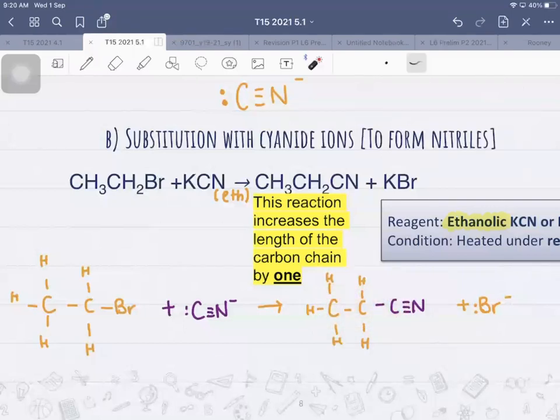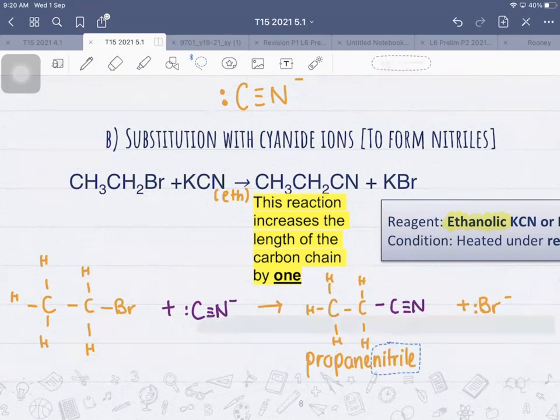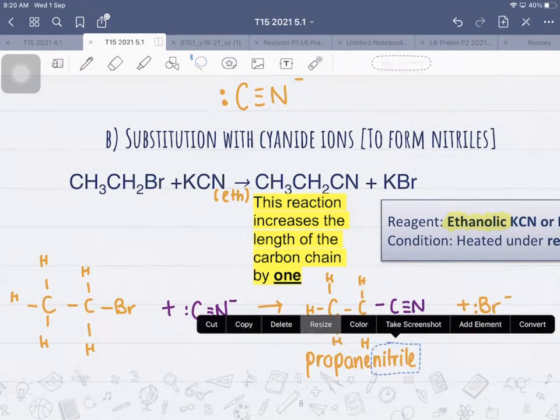Okay, so this is called propanenitrile. Okay, the prop is for the 3 carbons, including the carbon in the C triple bond N, and the nitrile is for the CN functional group.